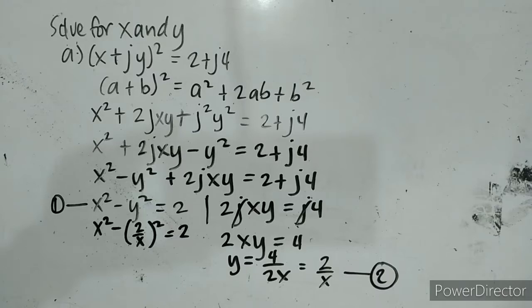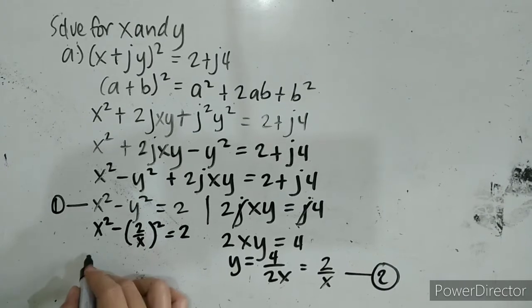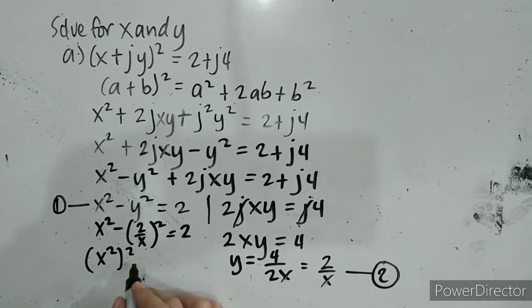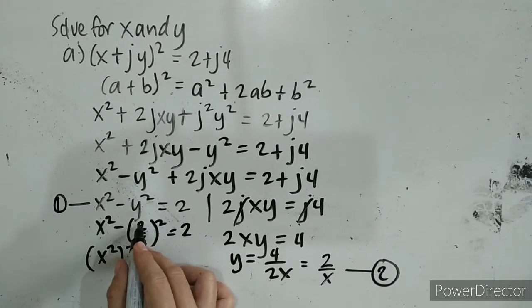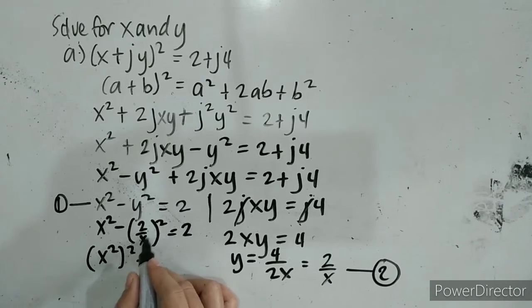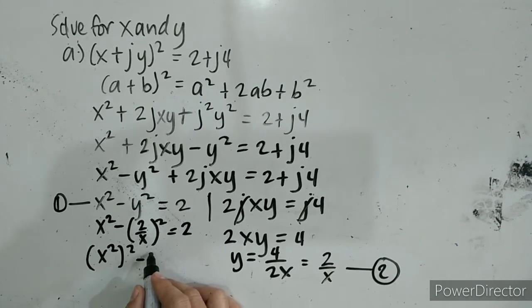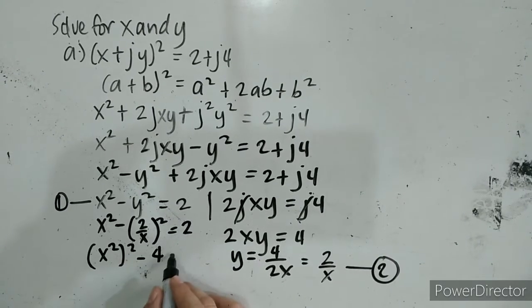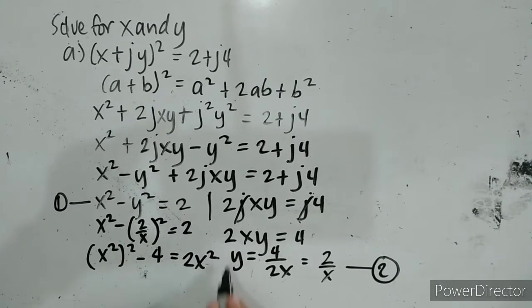Multiplying both sides by x squared, we have x to the fourth minus 4 over x squared times x squared, so 4, and x squared cancels, equals 2 times x squared.